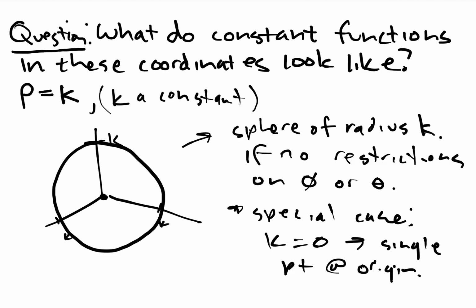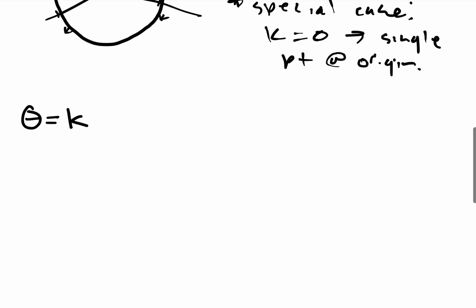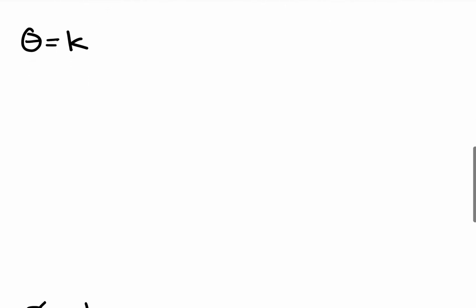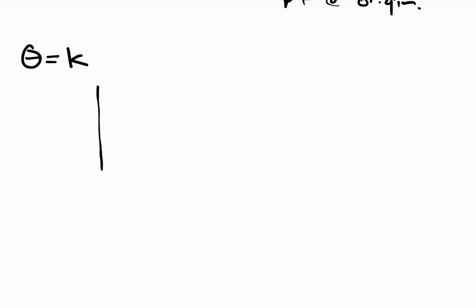What about my other variables? Well, theta, if I'm worried about what's going on with theta, well, let's think about this. Theta is supposed to be, if I have some sort of a shadow point in the xy plane for whatever location that I'm specifying, how we get this measurement theta is you would go ahead and connect a line from the origin to this point, and that would give you whatever your theta is back.